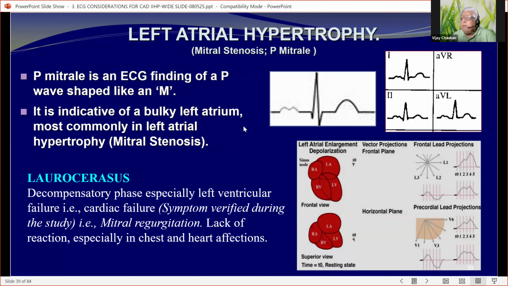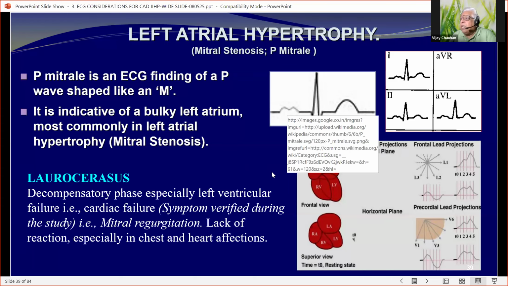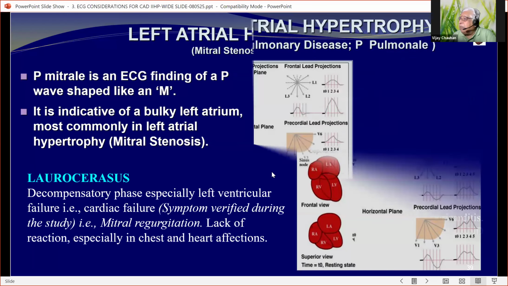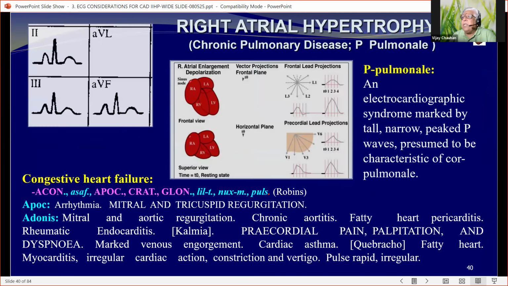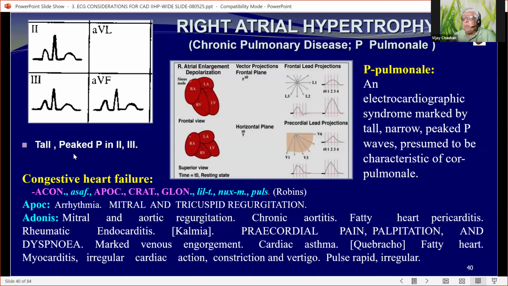A biphasic wave will be visible only in cases of P mitral, but in P pulmonale, you will have only tall peaked P waves in lead 2, lead 3, and even in V1, V2, V3. Now, this is an indication of congestive cardiac failure, right ventricular enlargement and failure.